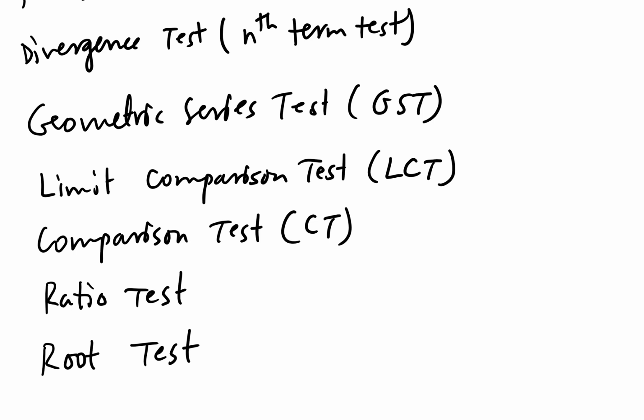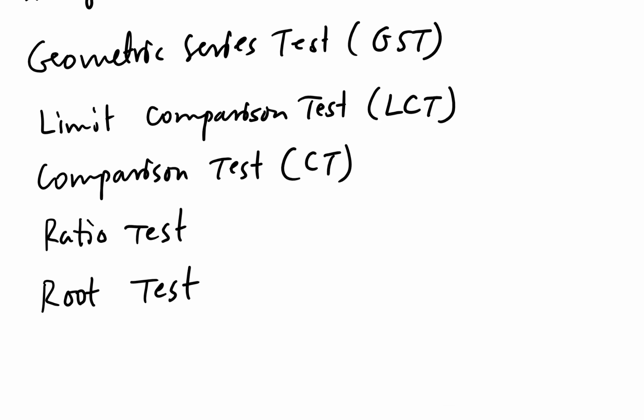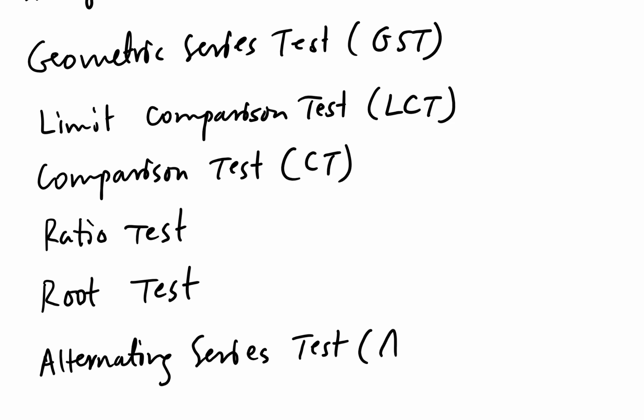If you see there is a -1 to some power, that's where we use the AST, the alternating series test.